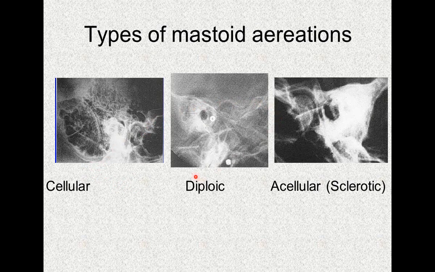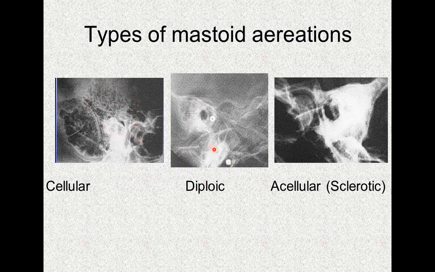Types of mastoid aeration may be cellular like this. We see multiple cells. Diploic is not pathology, while acellular or sclerotic aeration is found in pathologies and other mastoiditis. Pneumatization of the mastoid region is divided into sclerotic, pneumatization absent; diploic, pneumatization partial; and pneumatic mastoid, pneumatization complete.